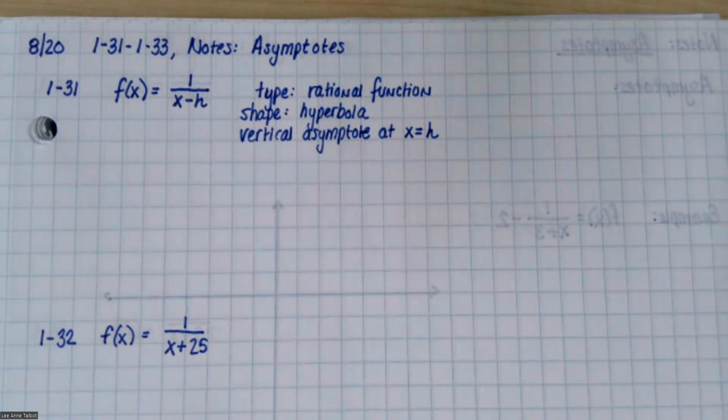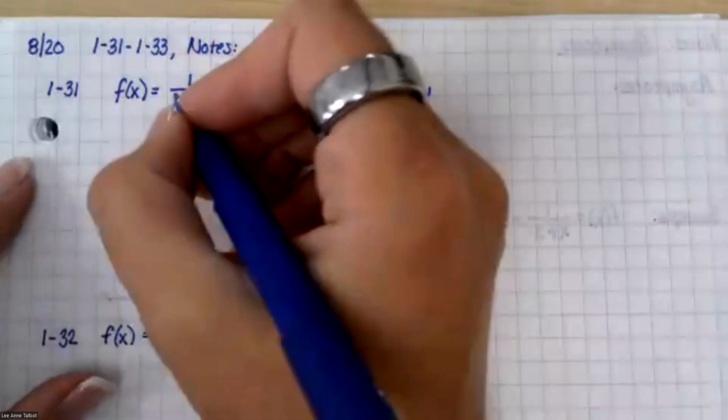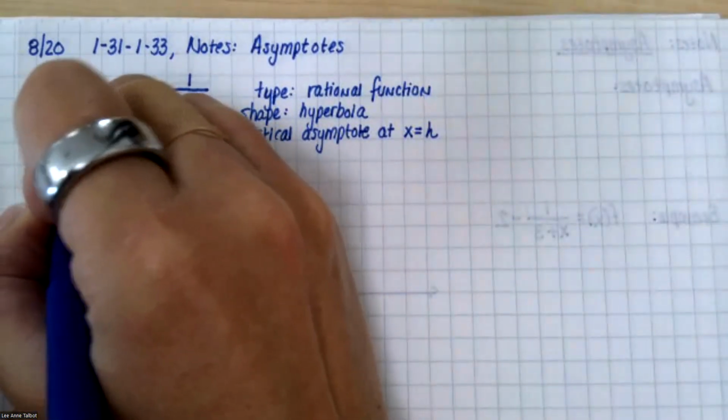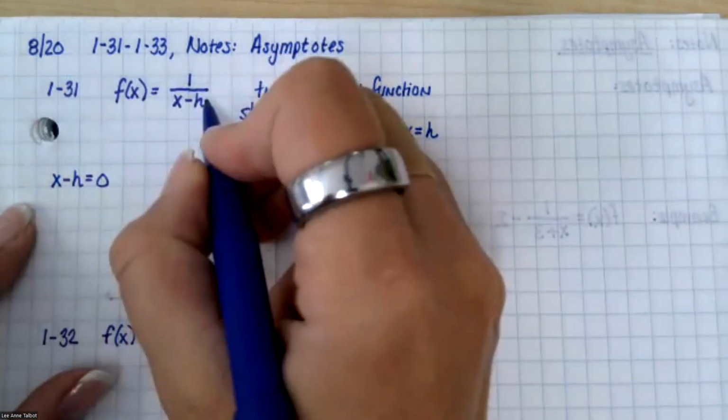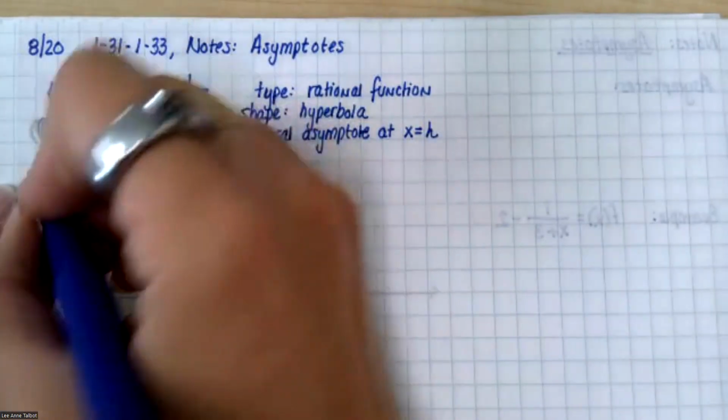So remember, you guys, we did x plus 7 yesterday with our first one, and our asymptote ended up being at -7, because -7 is the thing that would make it 0 in the denominator. Okay, if that is something that your brain struggles with, just come over here, set the bottom equal to 0.